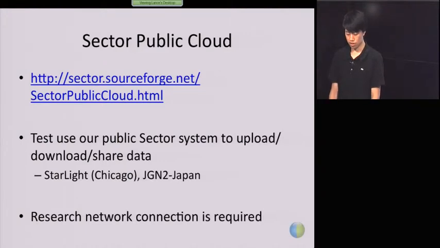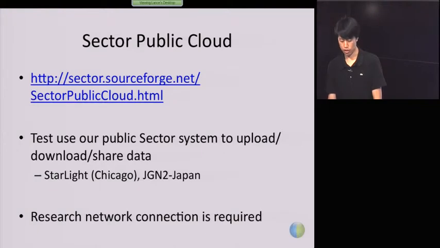And then again, if you still think that you don't want to spend time trying to install it yourself, we have an example system we installed in our own test bed. It's called the Sector Public Cloud. You go to this web address, and you can find information on how to access it.